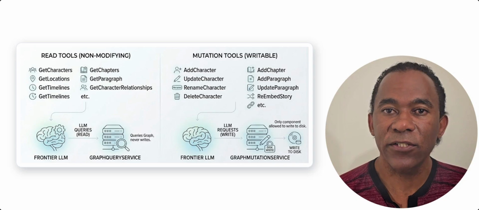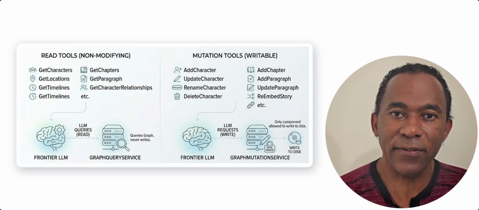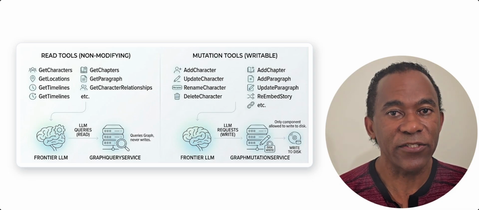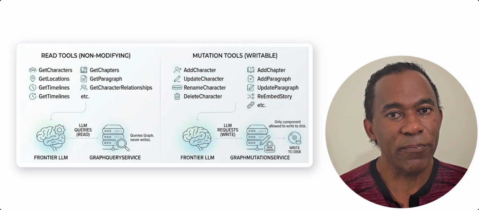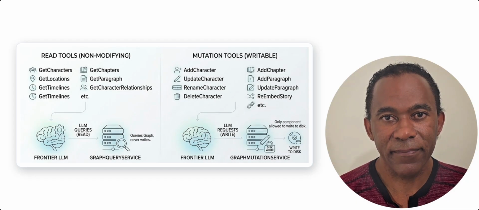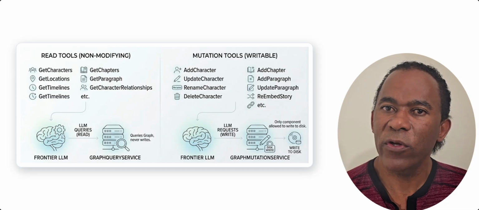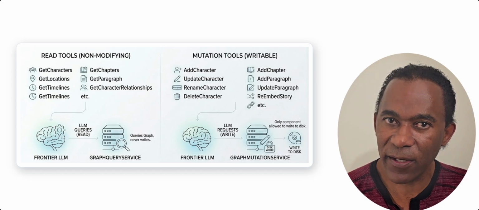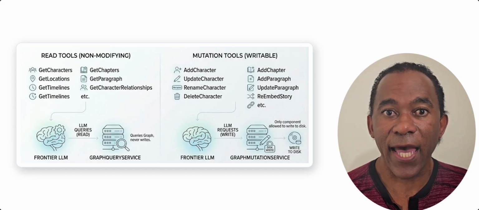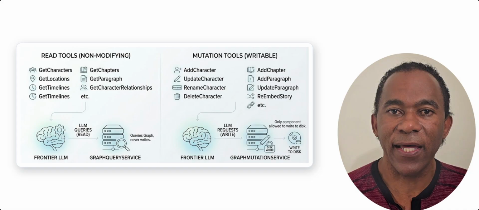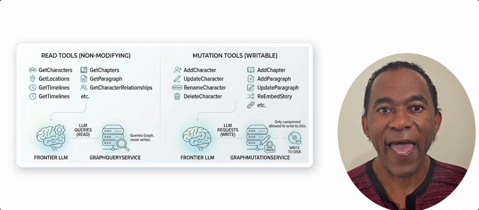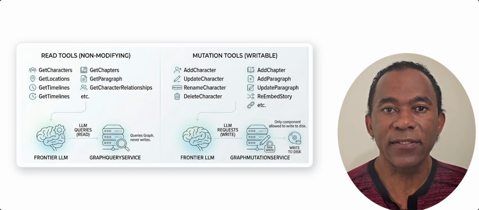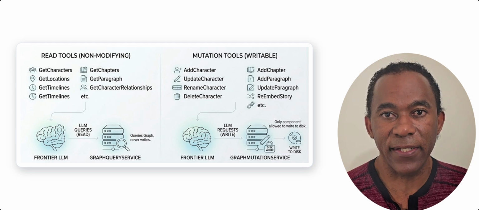Note, for this next section, I'll also mention embeddings, but those embeddings are already part of AIStoryBuilders. They're not actually part of the graph. On the mutation side, we've got add character, update character, rename character, delete character, add location, add timeline, add chapter, add paragraph, update paragraph, and even re-embed the entire story that rebuilds the embeddings.